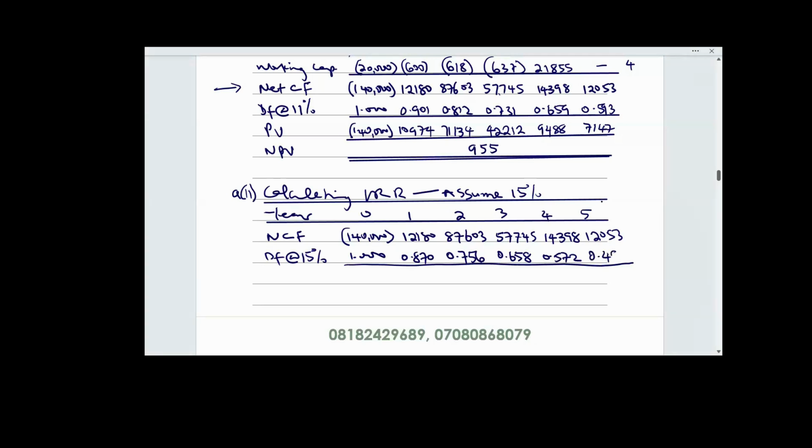Year 5 is 0.497. So let's multiply to get the present value. Here is 140,000 negative. Pick it one by one. 10,597.